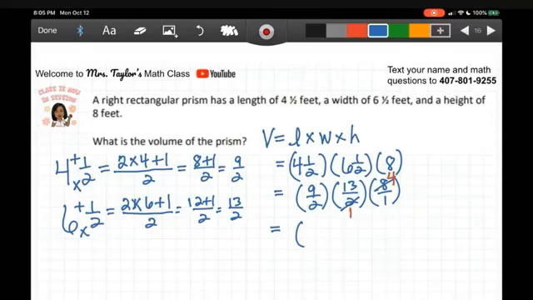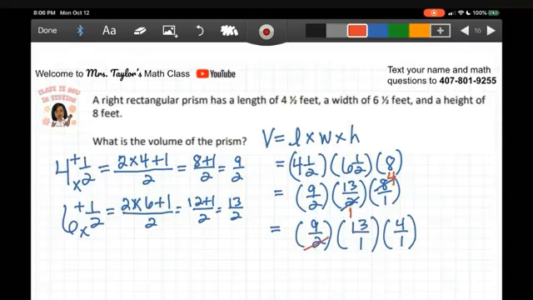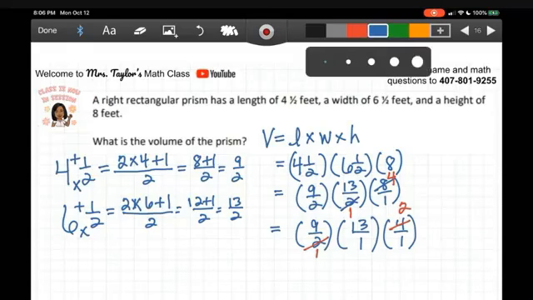Now I have 9 over 2, 13 over 1, and 4 over 1. Now I see that I have a numerator and a denominator I can simplify again. I would take this 2 and divide it into this 4, and this would be a 2 here, and that becomes a 1.